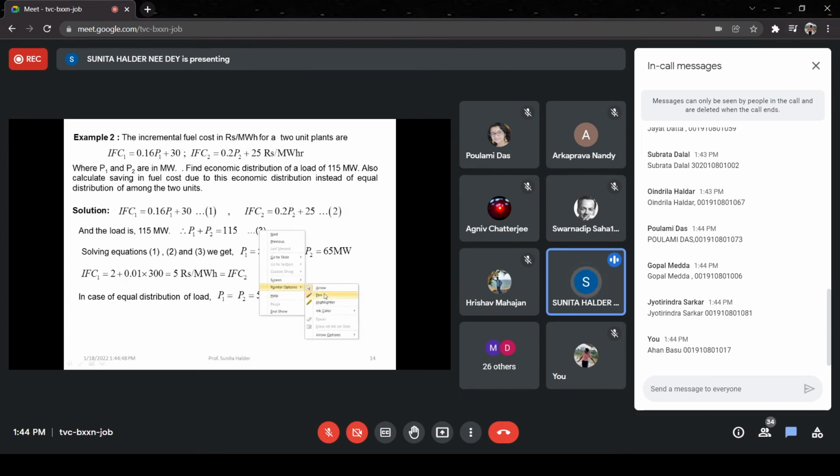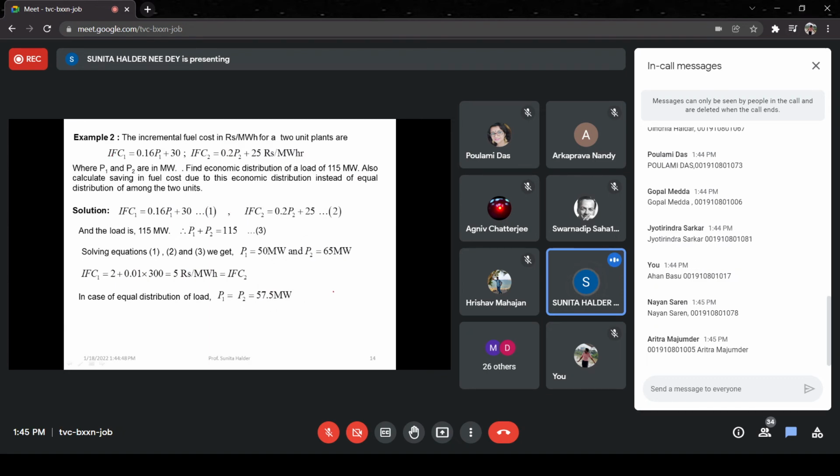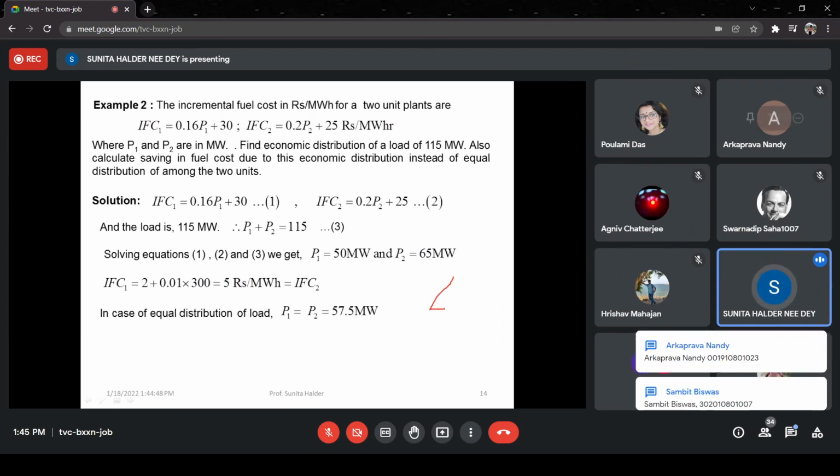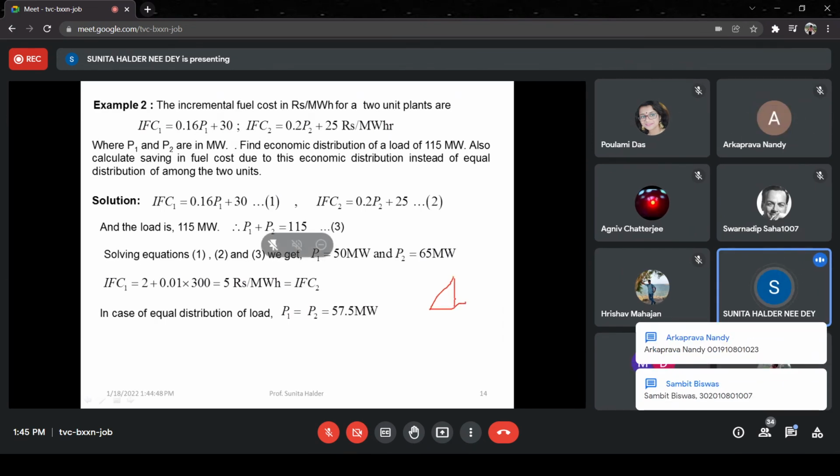Here we can use the concept of incremental fuel cost. Incremental fuel cost means the slope of the curve, okay. Now what is the change in generation?